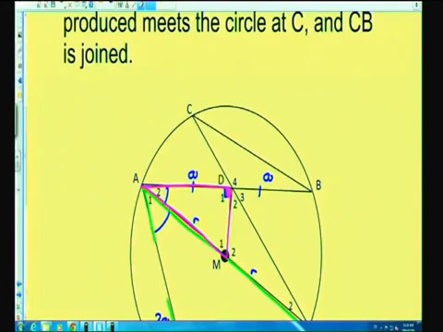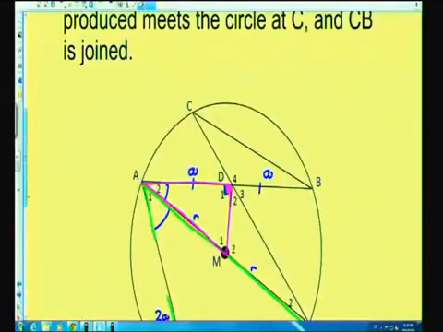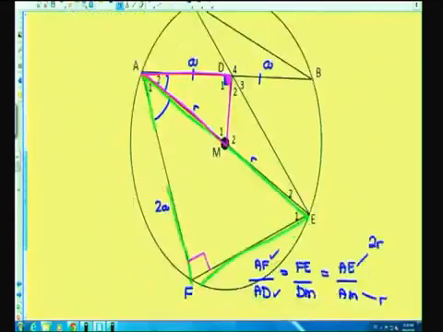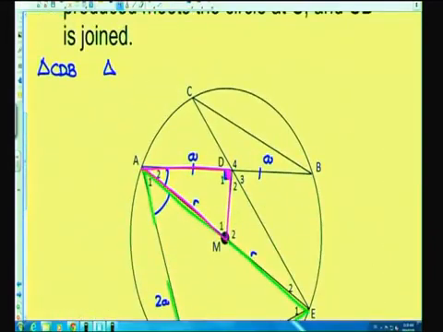Okay, so what are we trying to do? We're proving CDB similar to triangle ADE. Okay, so notice I'm going to say this in triangle this and this, and we're ready to go.